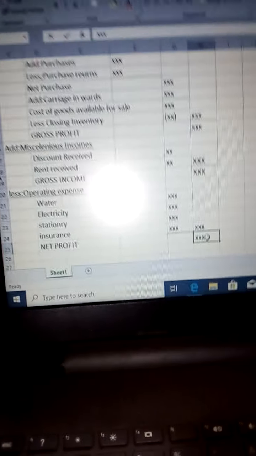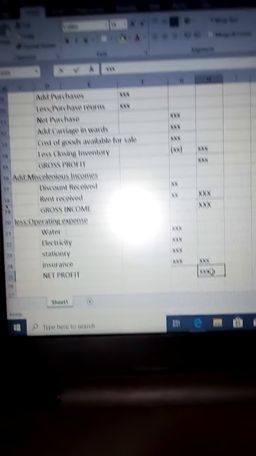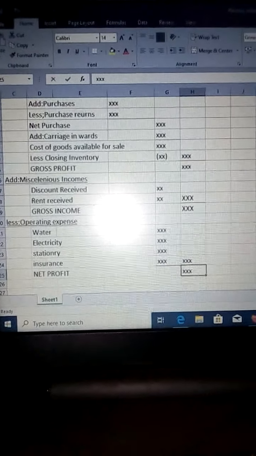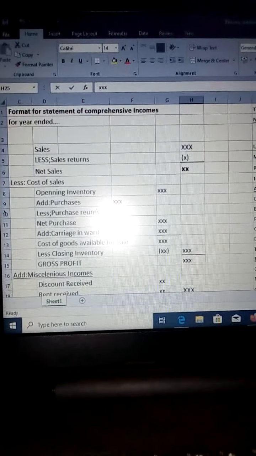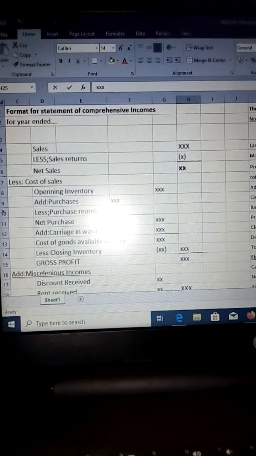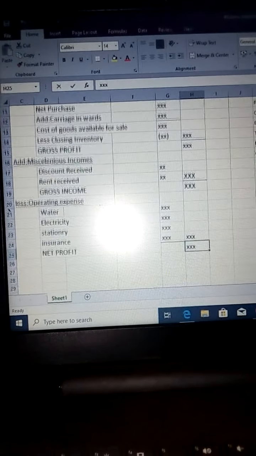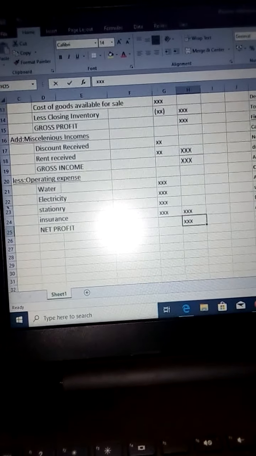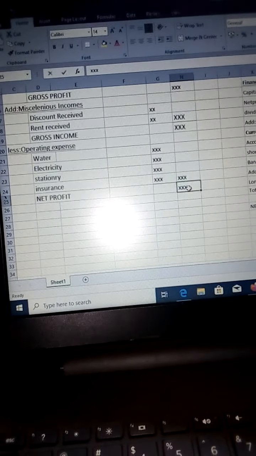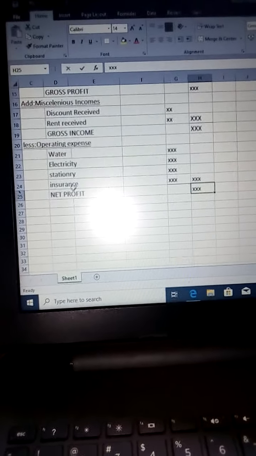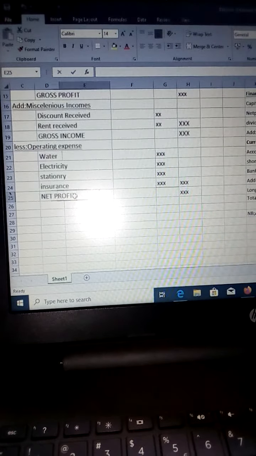I think class, you're seeing this. Members, I think you're seeing this. This is a format. It starts from the top with the title, sales, net sales, cost of sales. You go on, get gross profit, miscellaneous incomes, operating expenses, until you go to net profit. It can be called net profit or net loss.